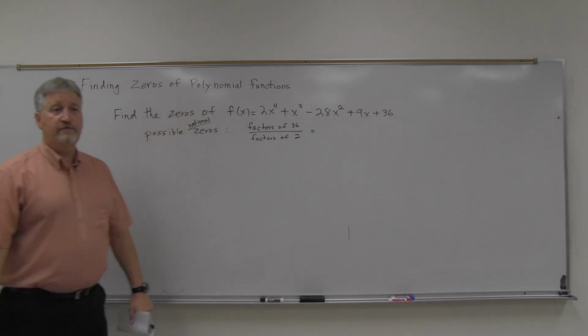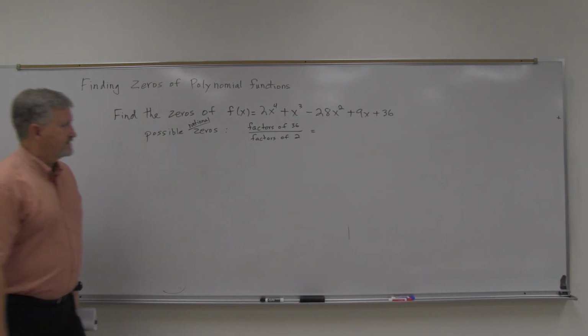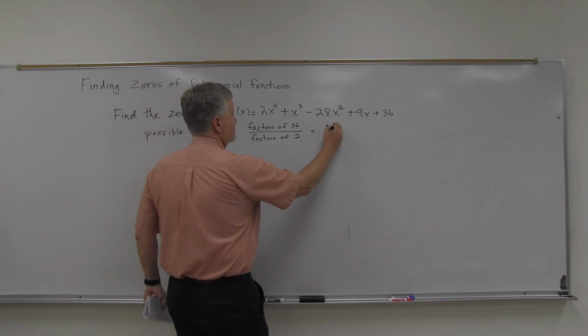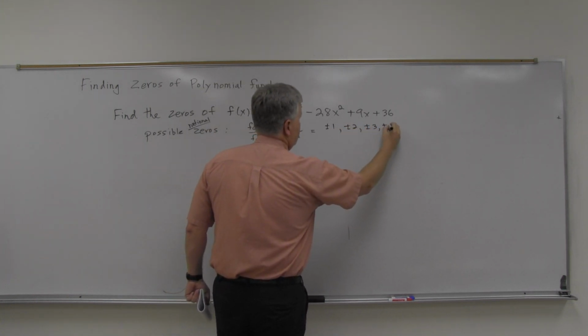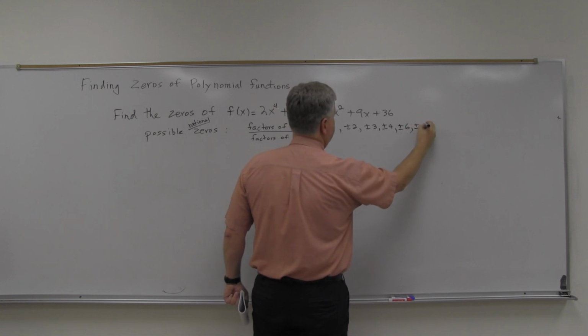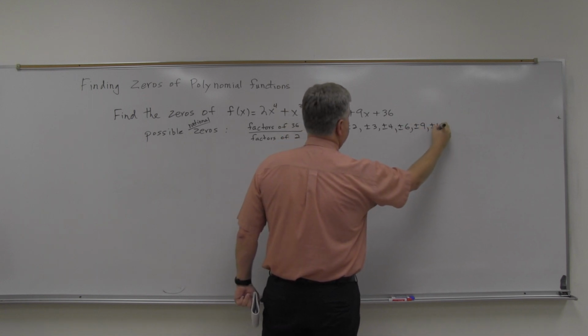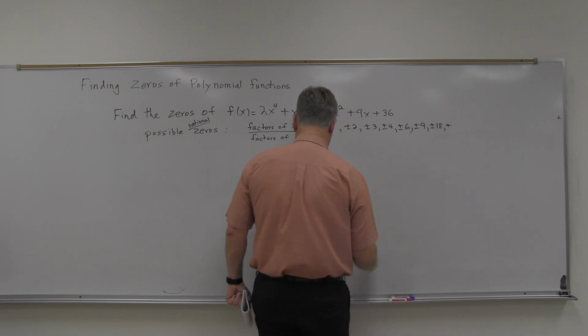So that's quite a few of them. But let's go ahead and list them out just to get a little more practice. So it'd be plus or minus 1, plus or minus 2, plus or minus 3, plus or minus 4, plus or minus 6, and plus or minus 9, and plus or minus 12.